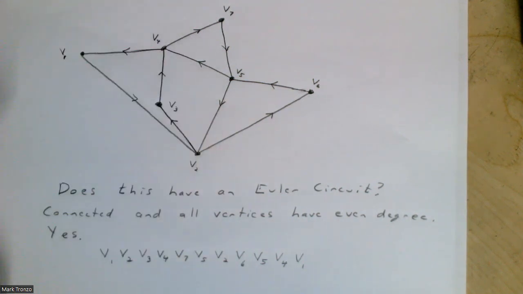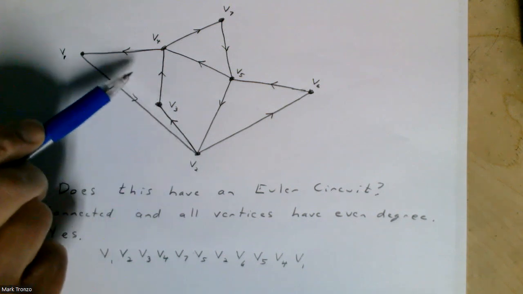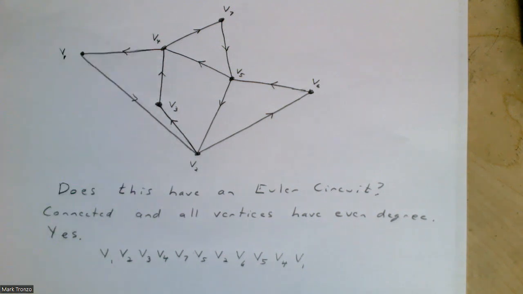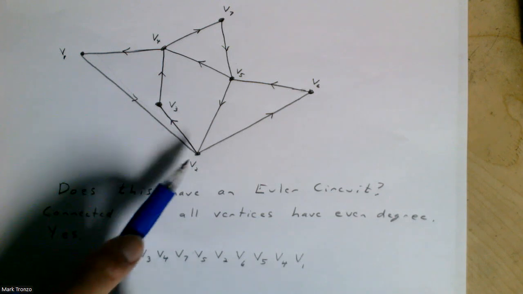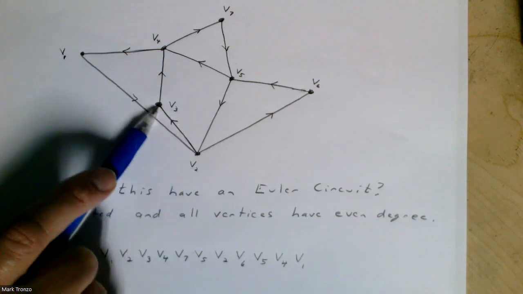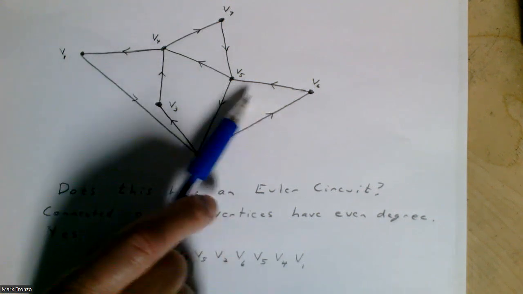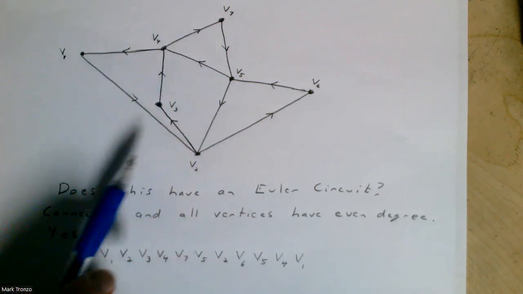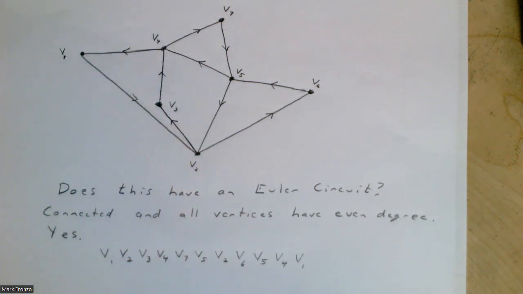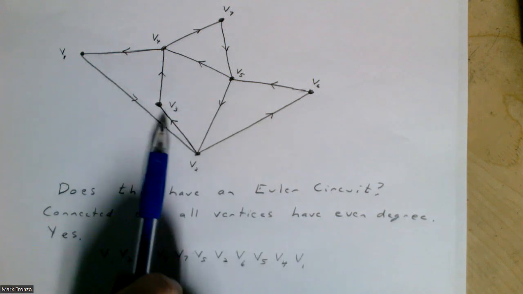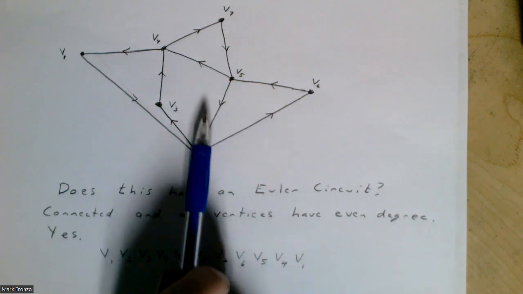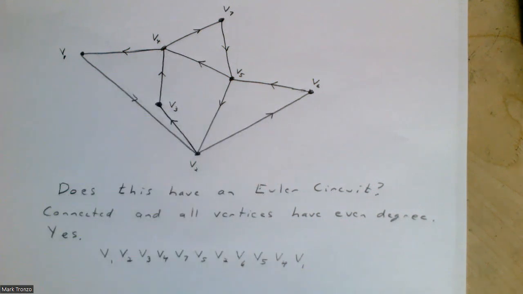So notice again, we went through every vertex at least once. You can do more than once if you need to, that's okay. But we went through every vertex at least once. And we got every edge. Notice that there's an arrow on every single edge, and we only used every edge exactly once. Remember the definition of an Euler circuit, you have to use every edge exactly one time. And you see there's an arrow on every edge, but no more than one. So that is in fact an Euler circuit.